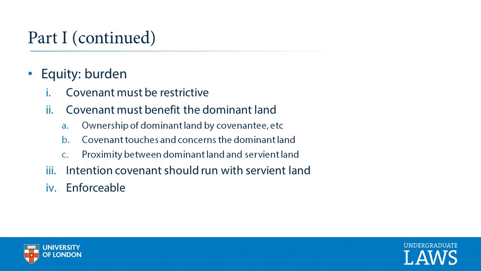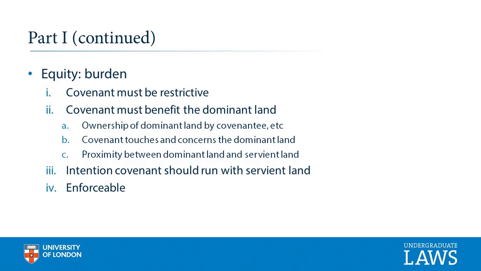On the other hand, if the servient land, again a registered title, is gifted to a transferee, i.e. a person who does not give any value for that transfer, then the restrictive covenant can be enforced against the transferee because it predated the transferee's acquisition of the land.